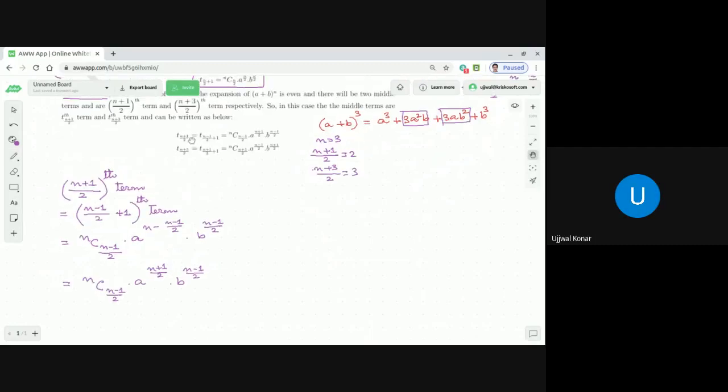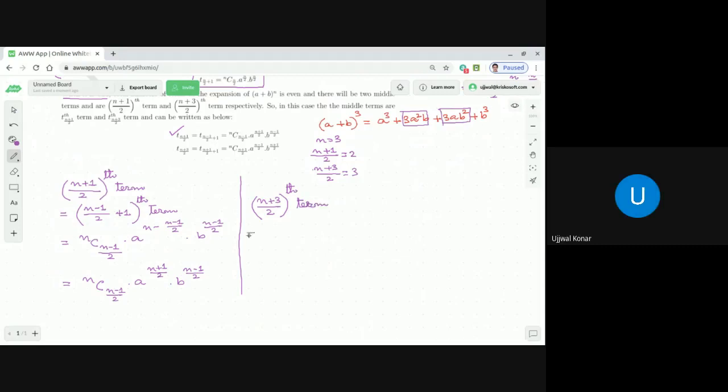If you see, this formula is also given for the ((n+1)/2)th term. And what is the next one? Let me write it here. The next one is the ((n+3)/2)th term. Here also we need to express it as something plus 1. What is that?